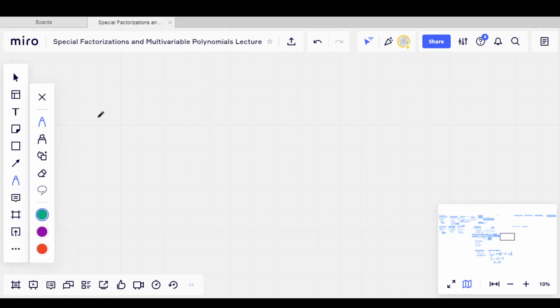Okay, so the first one is basically just the difference of powers, where n is a positive integer.